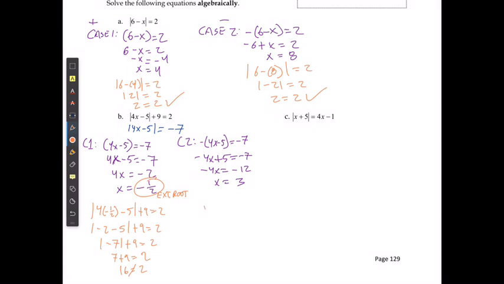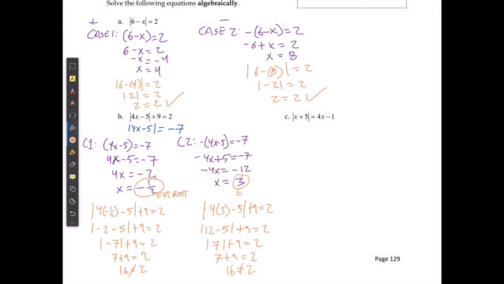In the second case, if I have 4 times 3 minus 5, plus 9 is equal to 2, 12 minus 5 plus 9 is equal to 2, or the absolute value of 7 plus 9 is equal to 2. 7 plus 9, once again, does not equal 2, or 16 does not equal 2.